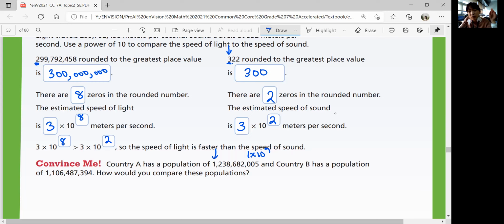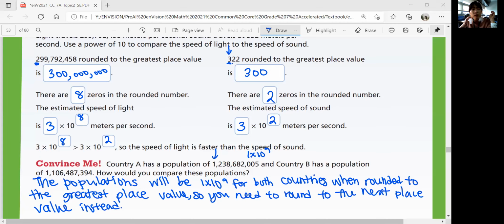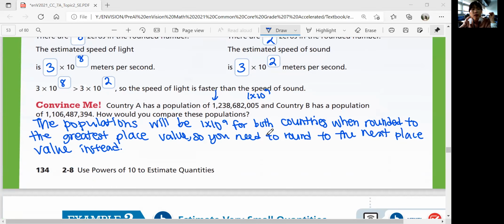Let's write that down. The populations will be 1 times 10 to the 9th for both countries when rounded to the greatest place value. So you need to round to the next place value instead.